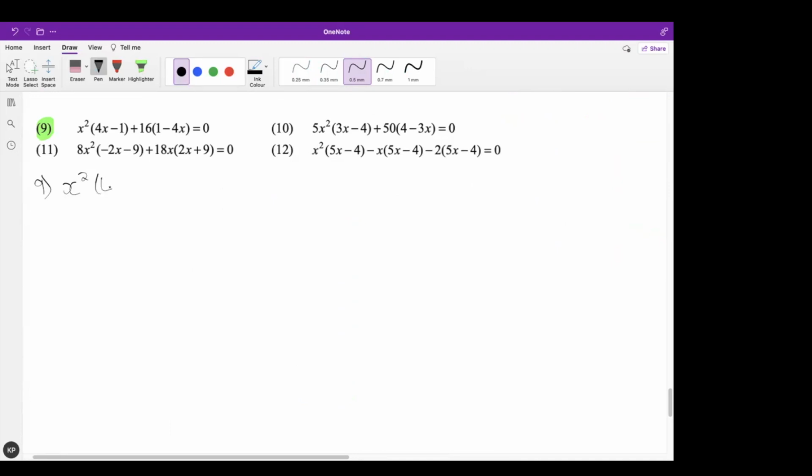Let's see. X squared, 4x minus 1, plus 16, 1 minus 4x. Oh, tell me something about those brackets, guys. What do you see about those two brackets in number 9?